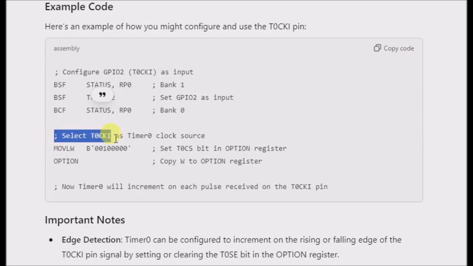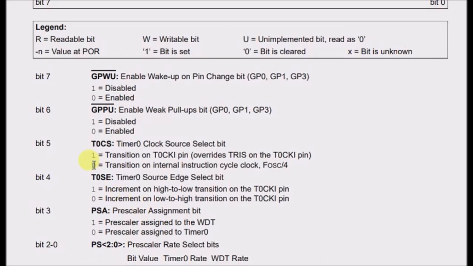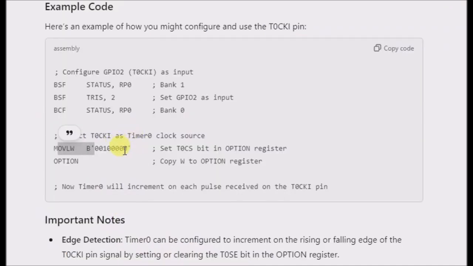Select TOCKI as timer clock source, move LW. So what's it doing here? It's setting this timer clock source as using that TOCKI pin, so it sets bit 5 to 1. So it sets 0, 1, 2, 3, 4, 5.